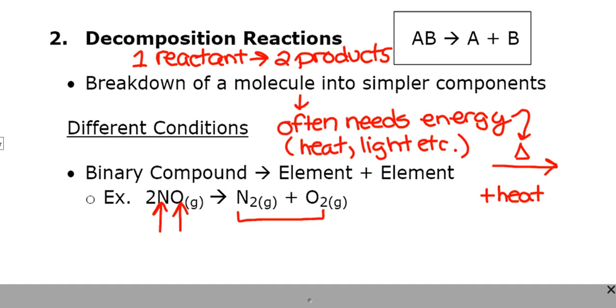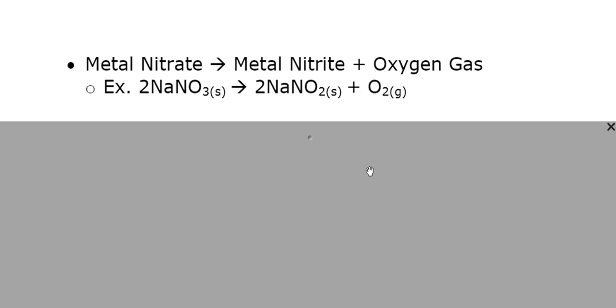So now let's take a look at a few more examples, ones that are a little more specific. So here we've got one that you should be familiar with. What happens when metal nitrates decompose? So first let's make sure we understand what a metal nitrate is. Here's your metal, which is sodium, and here's your nitrate, polyatomic ion. That's why this is called a metal nitrate. Sodium nitrate is a metal with a nitrate ion. When it decomposes, it makes metal nitrites and oxygen gas.